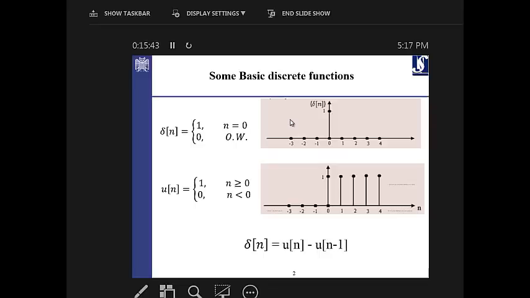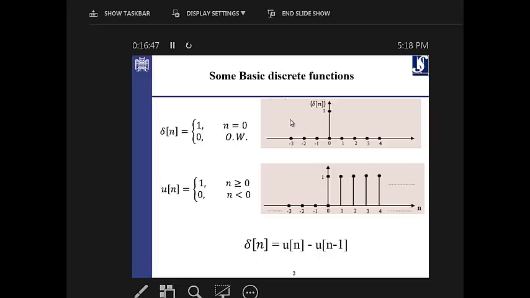If this is x of n, you can easily write it down, assuming that the signal ends here and we don't have anything afterwards, as 1 times x of n plus 3, then 2 times x of n plus 2, then 0 times x of n plus 1, then 4 times x of n. Oh, sorry, minus 1 times x of n plus 4 times x of n minus 1, and so on.